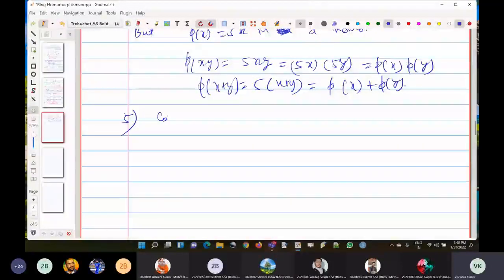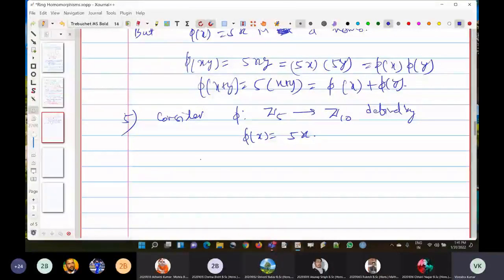So consider phi from Z5 to Z10, defined by phi of x equals 5 times x. As before, 5 squared equals 25, and this equals 5.